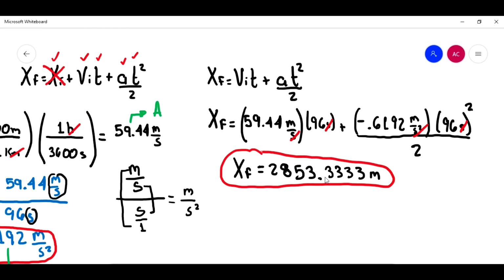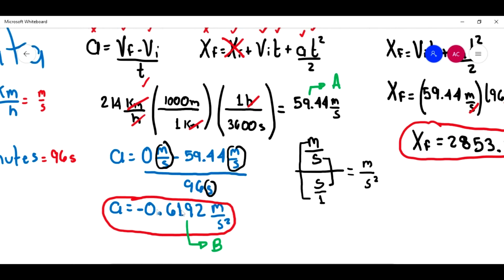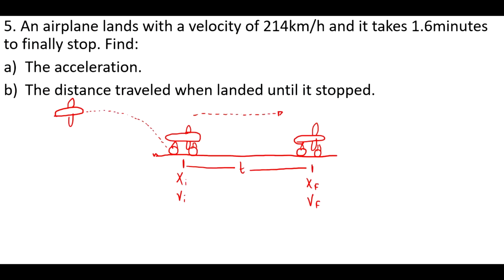Okay, now those are the answers. But before I finish this video, it is important to tell you that the acceleration went negative. What does this mean? This means, for example, the motion goes in this direction, and also the velocity. But the acceleration is negative, so that means the acceleration goes in this direction.